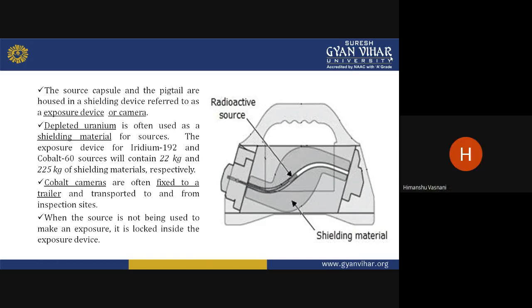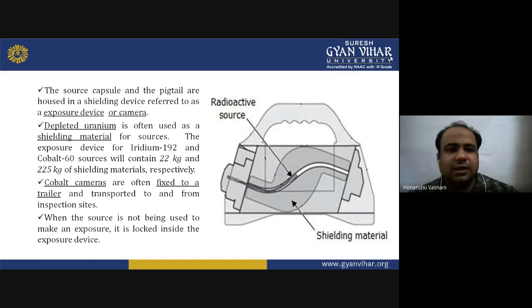Depleted uranium is often used as shielding material for sources. Shielding material is also important. The exposure device for iridium 192 and cobalt 60 sources will contain around 22 kg and 225 kg of shielding material, respectively.